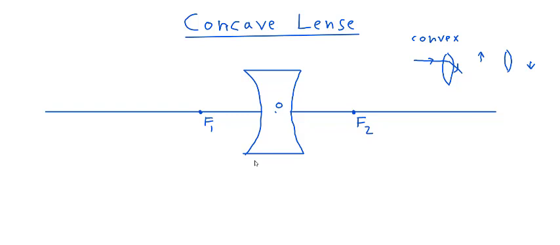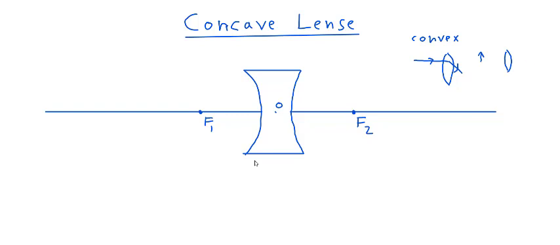So we'll be talking about all of these ideas and concepts in this video, but for the concave lens. And you can see that the concave lens is shaped differently to the convex lens, but there's lots of things that they have in common.